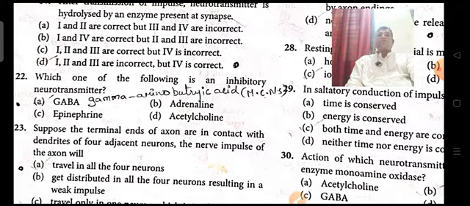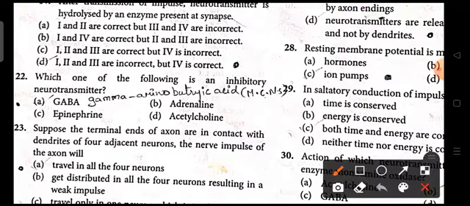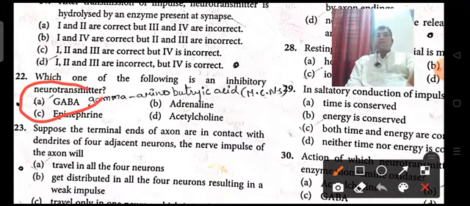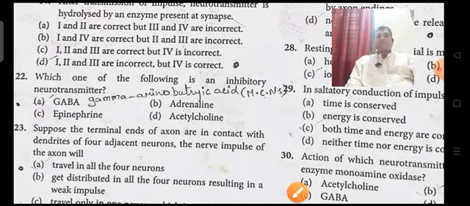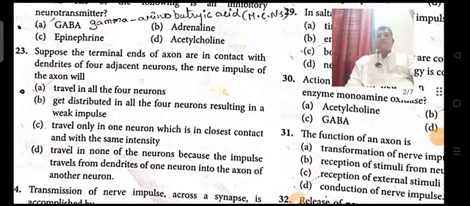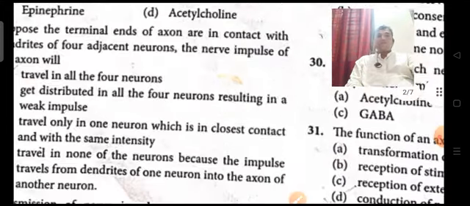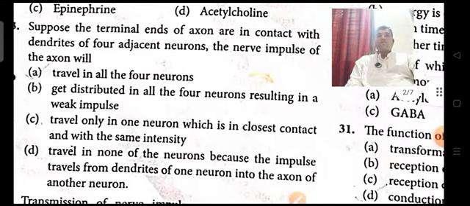Acetylcholine is a powerful neurotransmitter, and epinephrine is also a neurotransmitter. But GABA is a powerful inhibitor. Next, coming on to the next question. Suppose the terminal ends of an axon are in contact with the dendrites of four neurons.